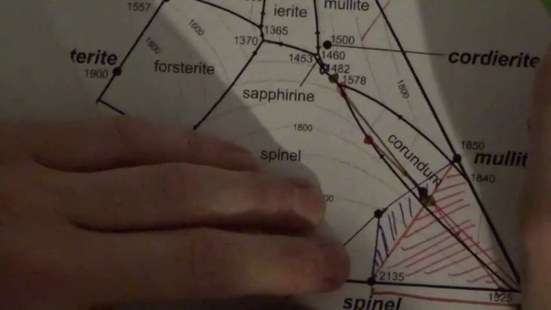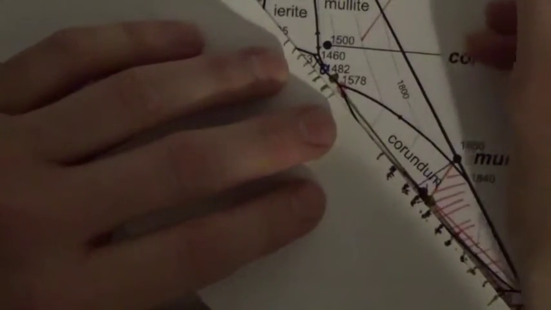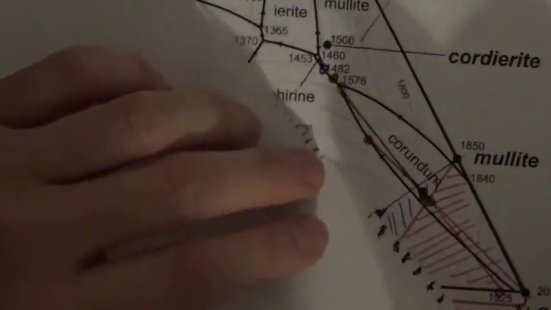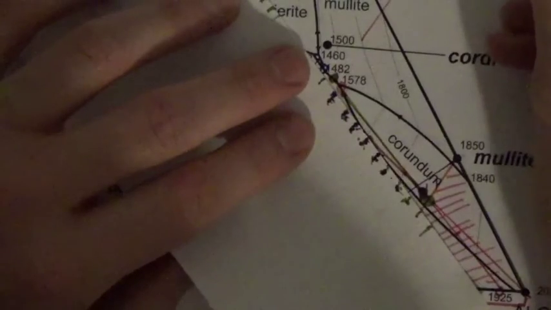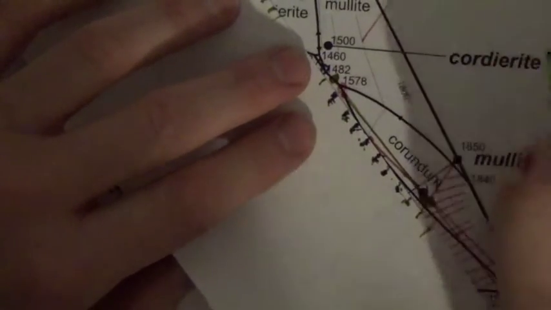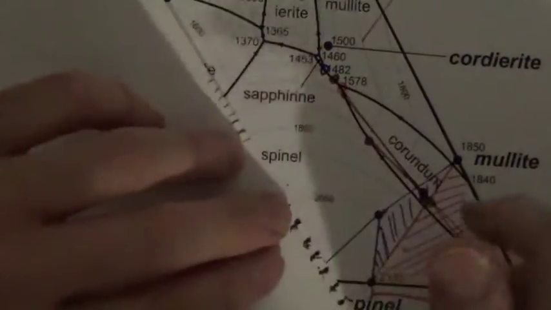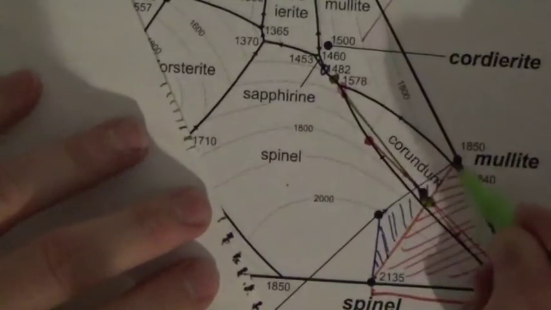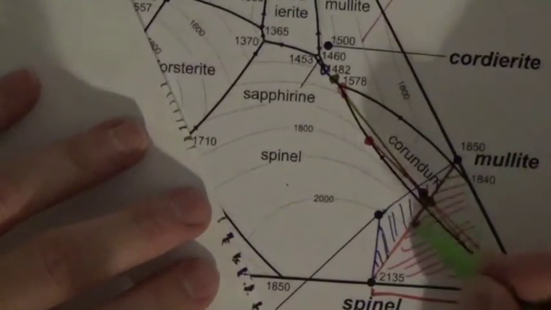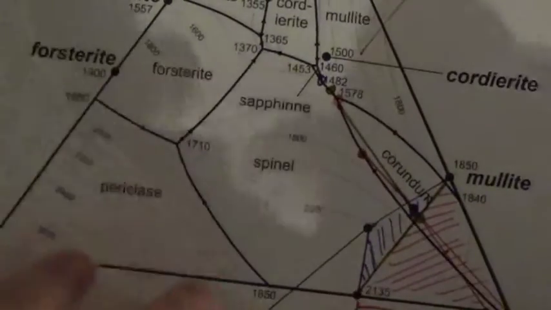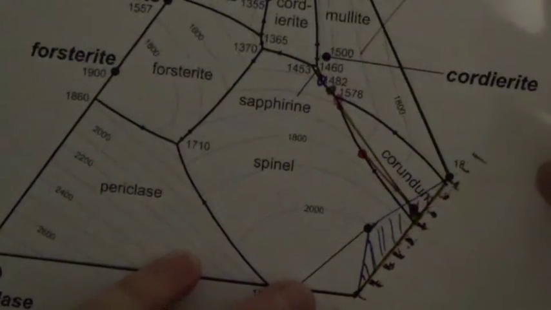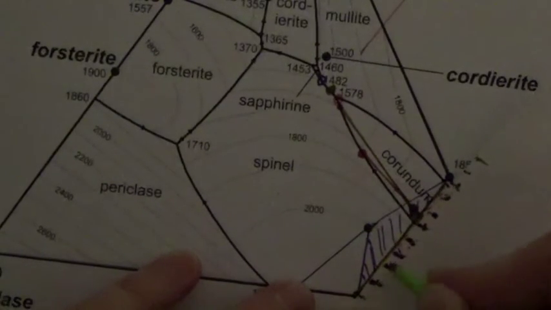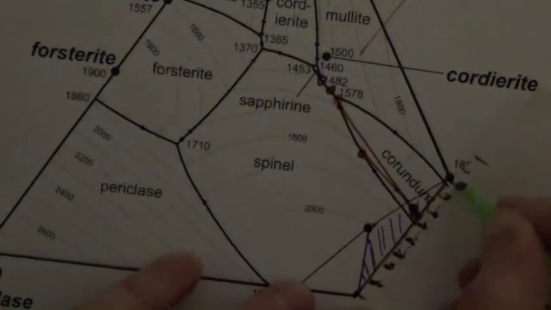So it's mostly solid, and then the fraction of solid is going to be 7.3 divided by 8. This solid is determined by the position there. So the fraction of mullite, so the total length is 1, 2, 3, 4, 5, 6, 7, 8.